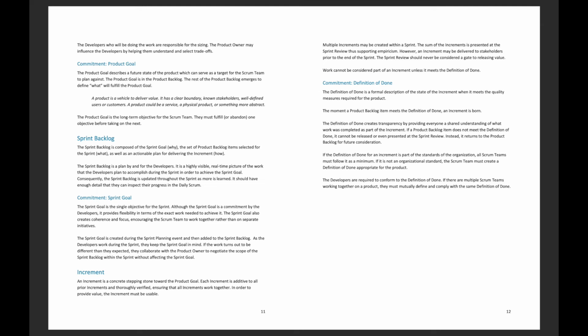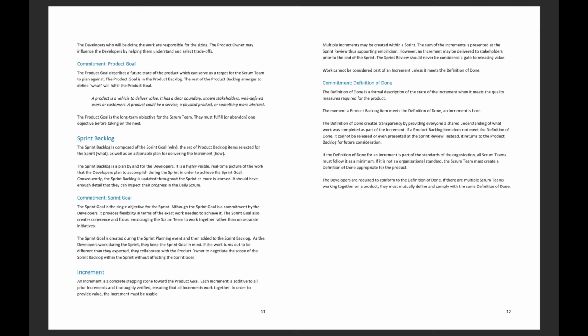Sprint backlog. The sprint backlog is composed of the sprint goal, that is why, the set of product backlog items selected for the sprint, which is what, as well as an actionable plan for delivering the increment, that is how. The sprint backlog is a plan by and for the developers.